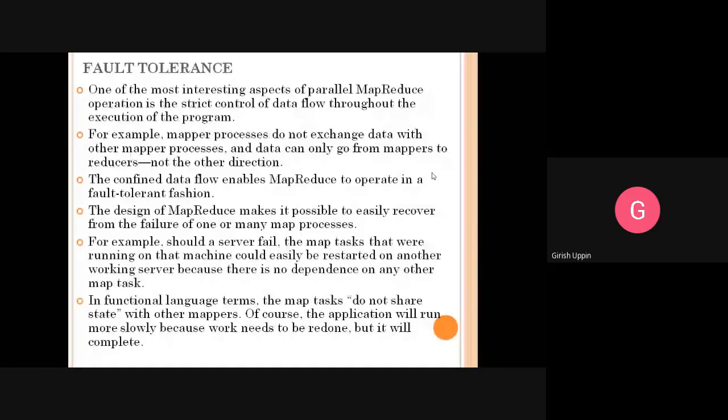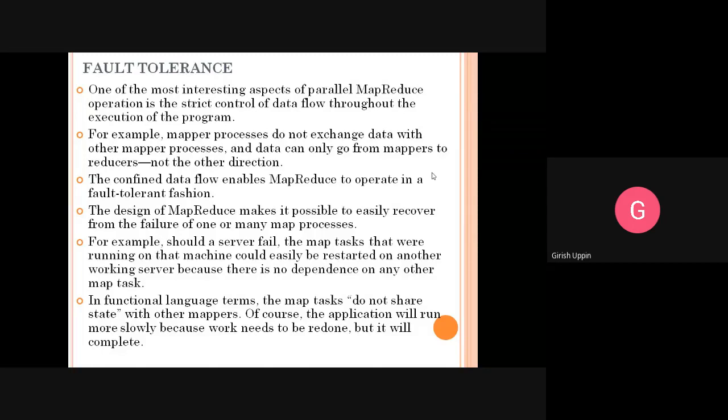The design of MapReduce makes it possible to easily recover from the failure of one or many map processes. For example, should a server fail, the map tasks that were running on that particular machine could be easily restarted on another working server, because there is no dependence on any other map task.